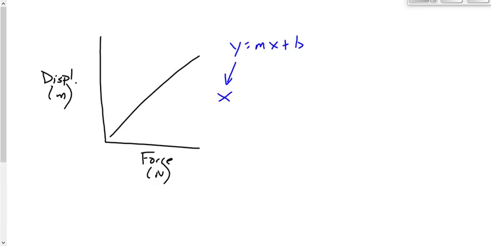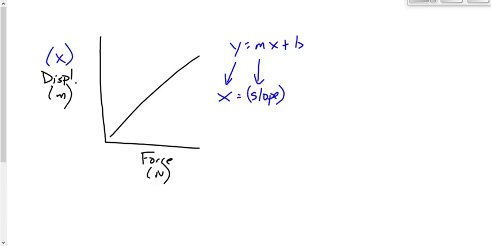We're replacing y with x because that's what displacement is, x. m is the slope. I'm going to write the word slope. It's already confusing enough that y became x. If I don't write the word slope here, then at some point I'm probably going to get mixed up between mass and slope if I keep calling it m.